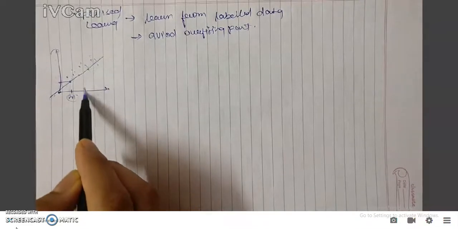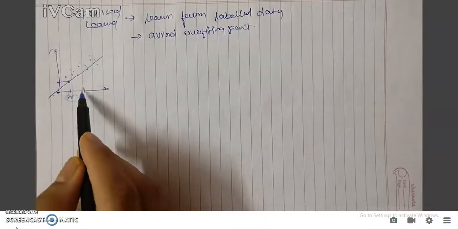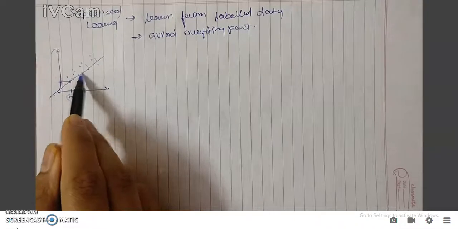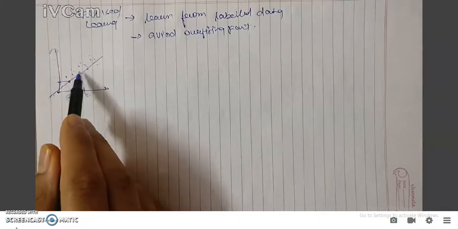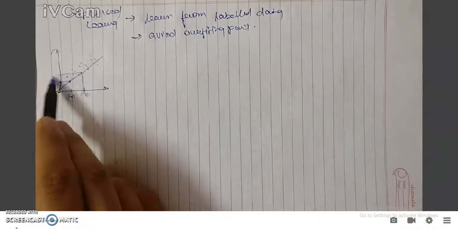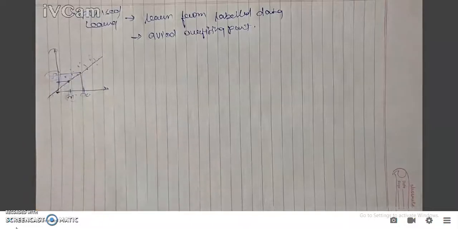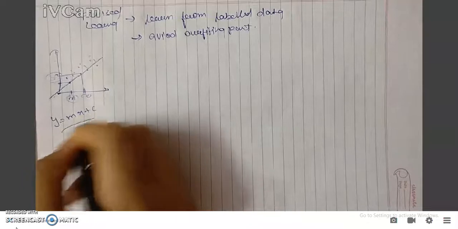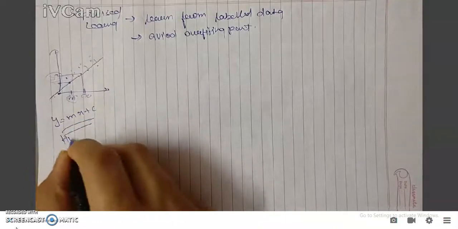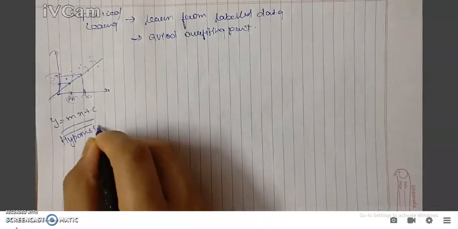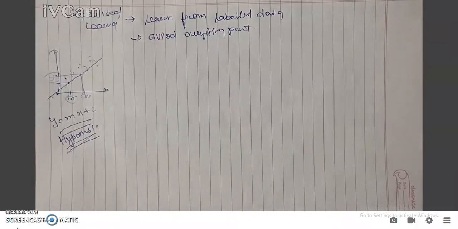So if I get a test data which has never been seen, I can say the corresponding value of this x, that is y, by matching on the best fit line, right? The line would be y = mx + c, and this can also be said as the hypothesis, meaning the mathematical equation, right? So this is the whole scenario for supervised learning.